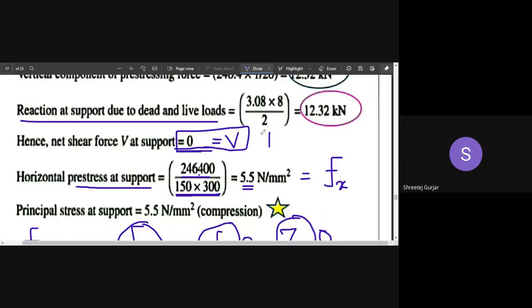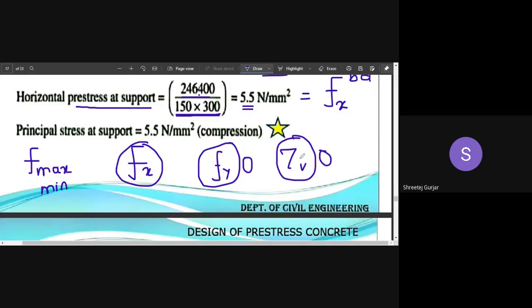Tau V is 1.5 V by BD, so if V is 0, this entire term becomes 0. If these two are 0, F max and F minimum are directly equal to Fx.